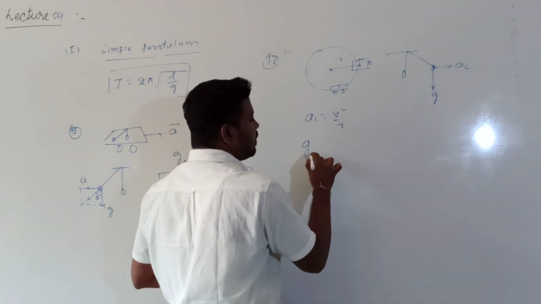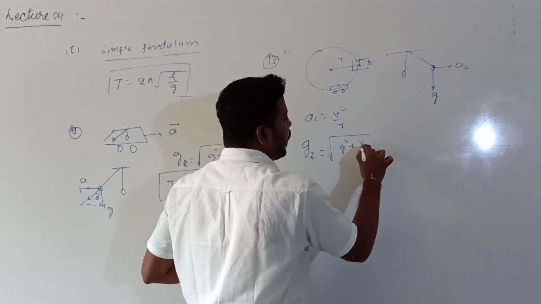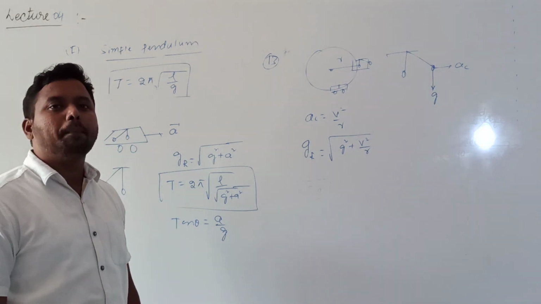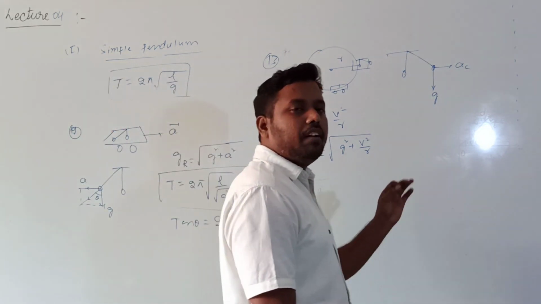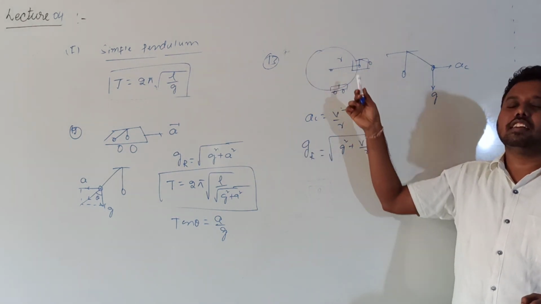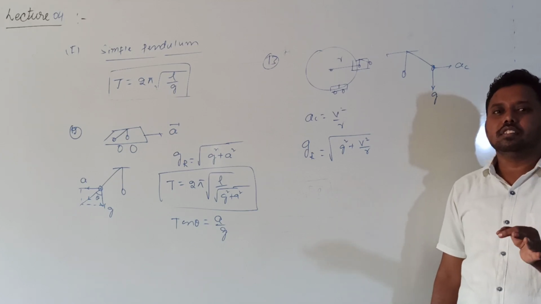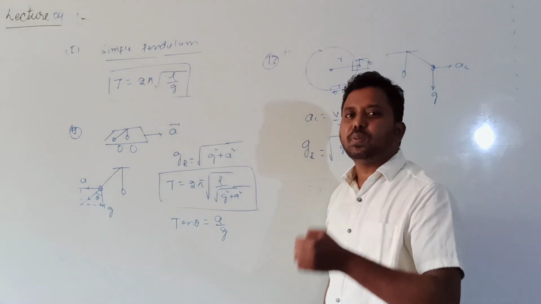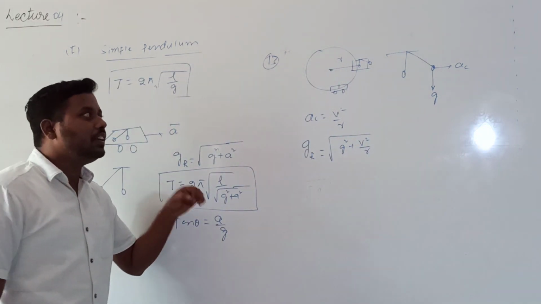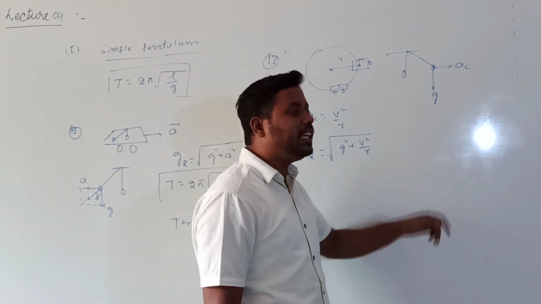The resultant acceleration is √(g² + (v²/r)²). Understood? Since a_c and g are perpendicular to each other, whenever the car is moving in a circular path, the centripetal acceleration acts on the car towards the center, which is a non-inertial frame of reference. Due to that, a pseudo force acts on the bob in the opposite direction, away from the center, with acceleration a_c. The acceleration due to gravity is g.